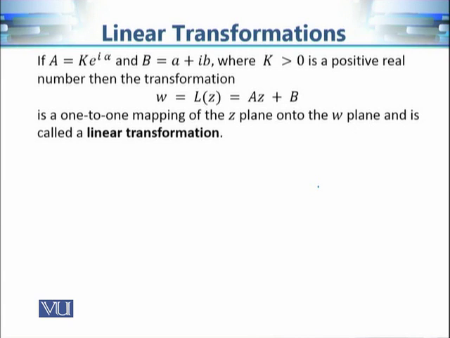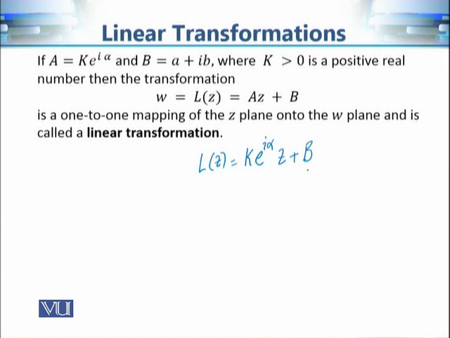Now, given a linear transformation, we can observe that L of z is equal to az plus b. We can write this as L of z is equal to K e raised to the power iota alpha z plus b, and of course we can do that because a is a complex number, and we can write this complex number a in the form K e raised to the power iota alpha. Now we have observed three different cases.